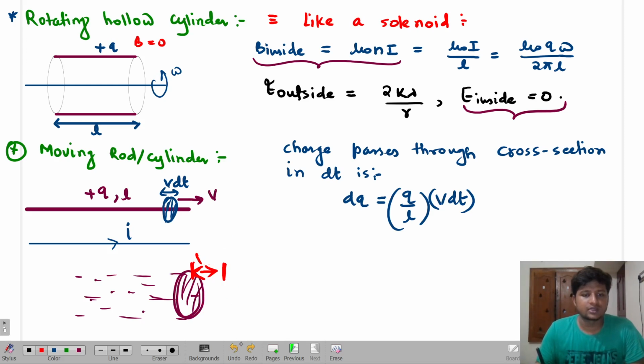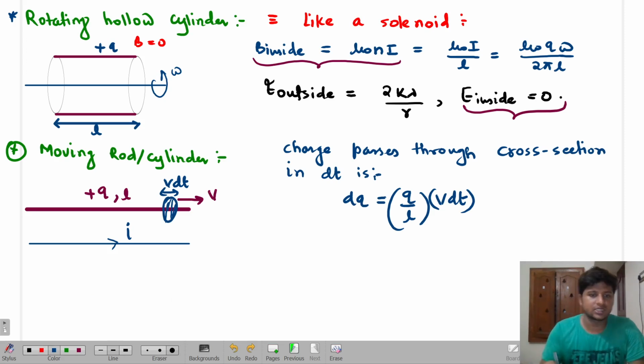So this is why I'm considering the length to be v dt. Are you able to get me? And total charge per unit length is Q by L. So the amount of charge passing through that length is Q by L into v dt. Are you able to get me or not?